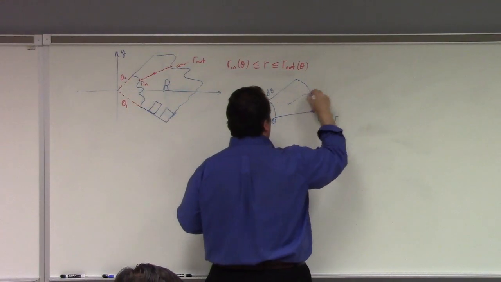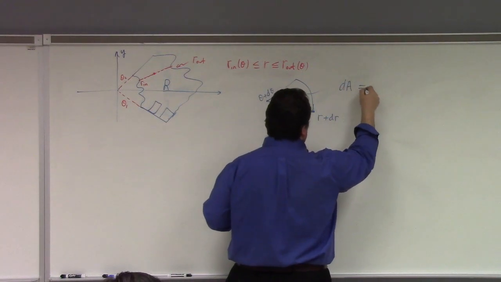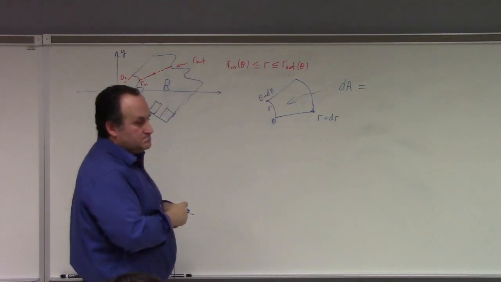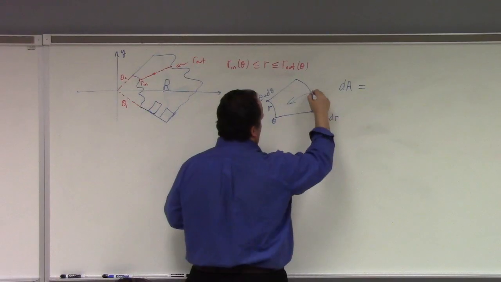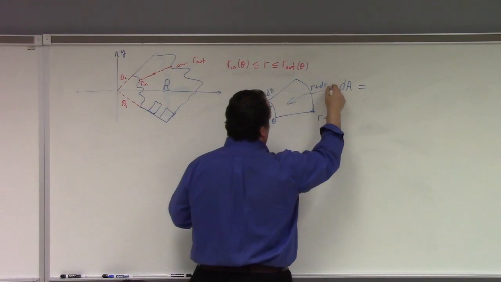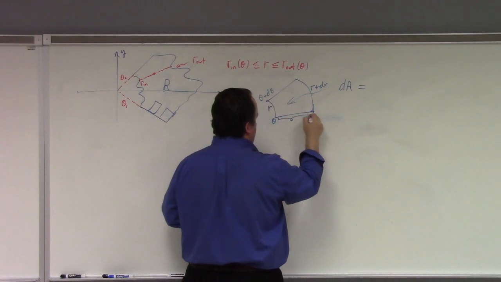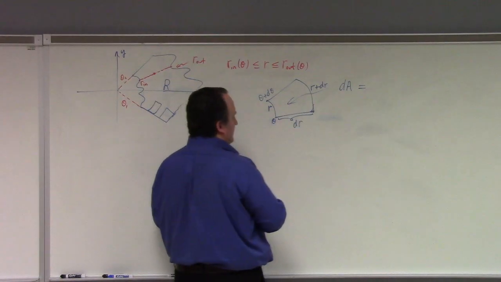What's the dA for this little slice? So I have r out here is r plus dr. So basically this distance is dr, right?